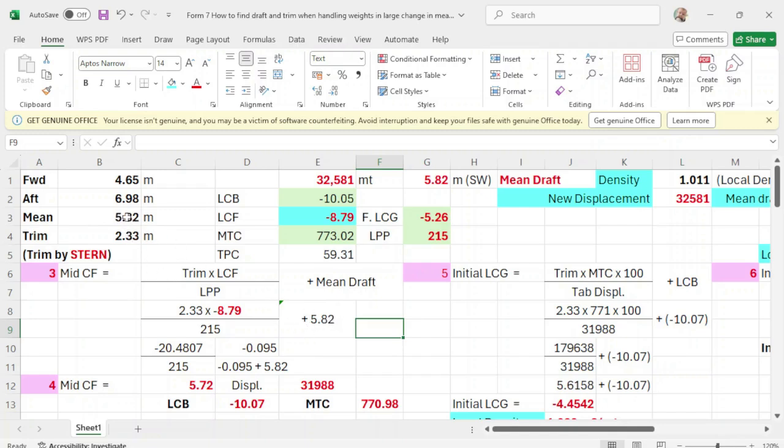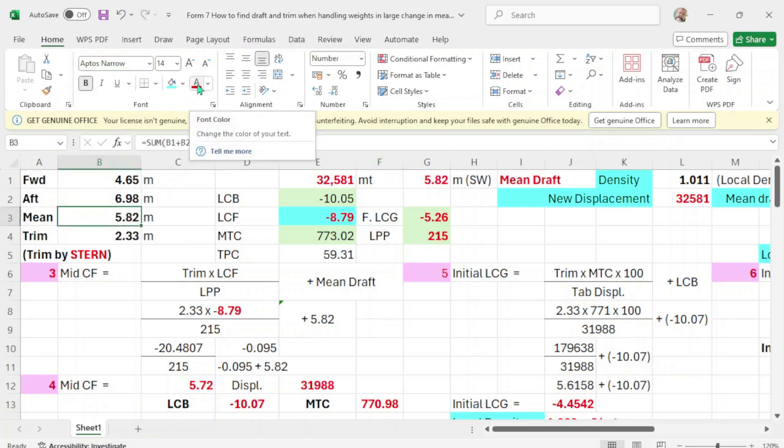I put this so that you will be guided. So what is your trim?